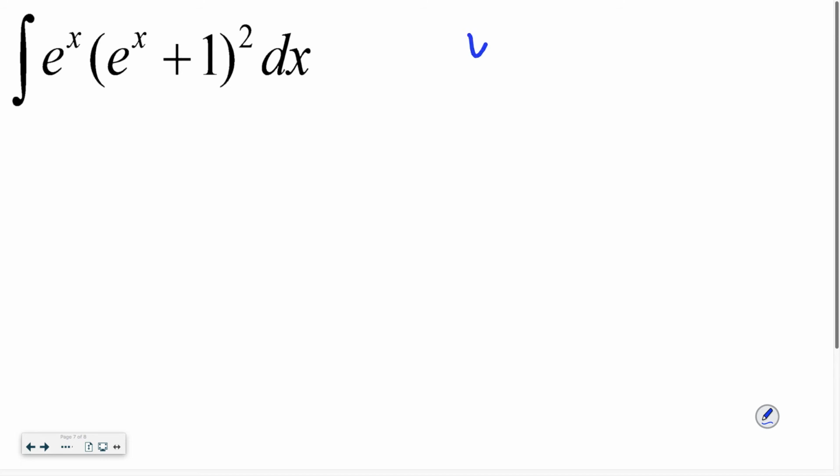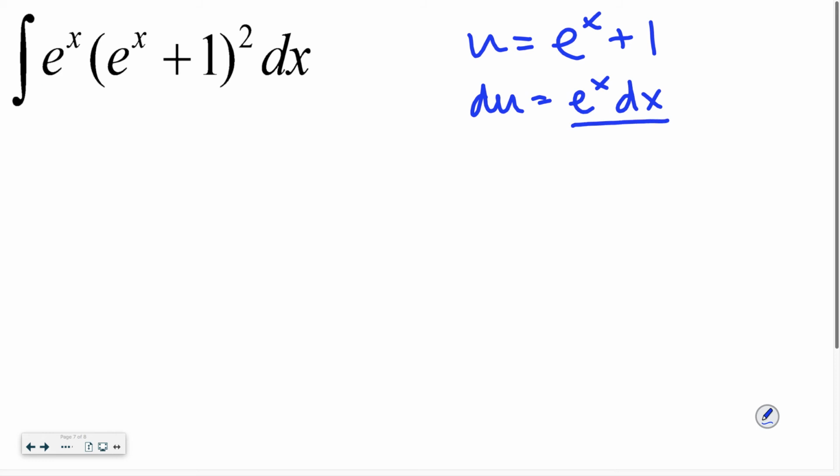And I have one person saying e to the x plus 1 could equal u. Yeah, and then du is e to the x dx. I don't know how much work you're saving, but a little bit. Do we have e to the x dx? Yep.